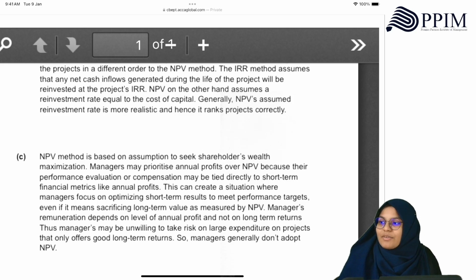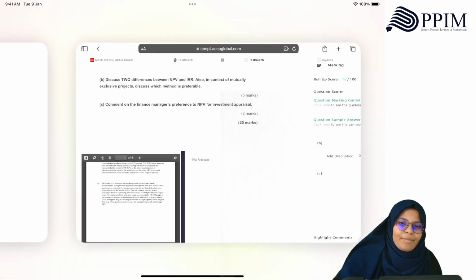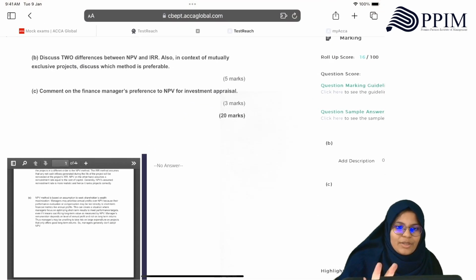But if you are thinking for the benefit of the manager, if his compensation, his salary, his bonus is all going to be linked to profit only, then he might not be willing to use NPV as an investment appraisal technique. That's what they're trying to say here. So that should give you, I think, 3 marks. So you can just mention something that comes to your head at that time and call it a day. That's about it. Right, so that's that.